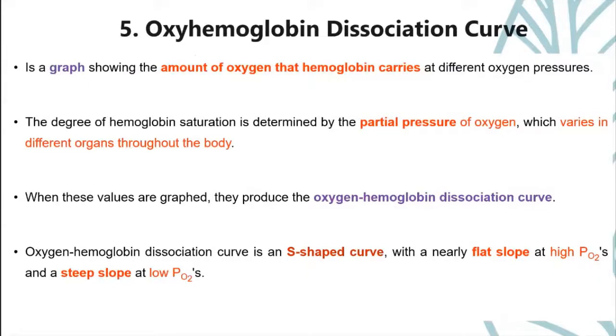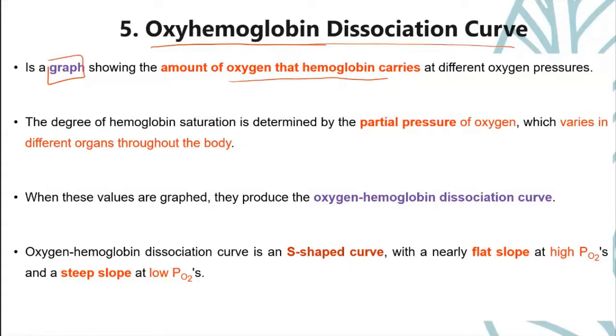Okay, so next we are going to look at the oxyhemoglobin dissociation curve. What is this? It is a graph showing the amount of oxygen that hemoglobin can carry. As you know, the function of hemoglobin is to bind with oxygen so that your blood becomes oxygen-rich blood.